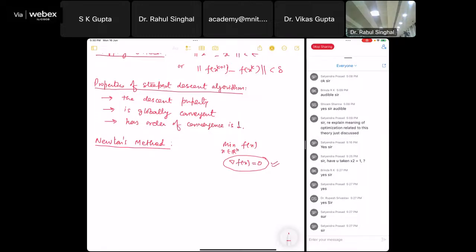You might have seen Newton's method for an equation f(x) equal to 0. In the same way, we have Newton's method in optimization as well. Here the scheme is: xk plus 1 is equal to xk minus the inverse of the Hessian matrix of f at xk, into gradient of f(x).